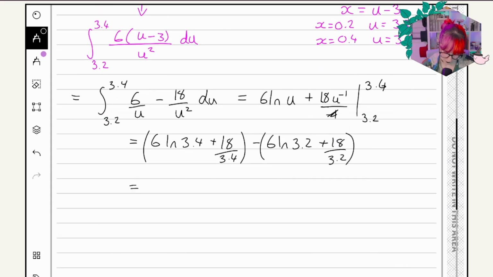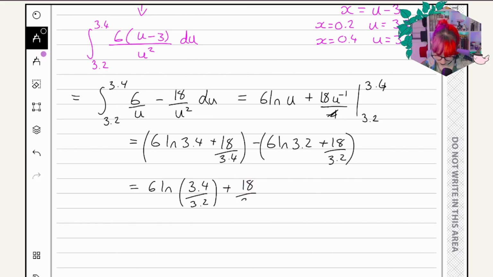Okay, we can do log laws. So subtracting logs is equivalent to dividing them. So we get 6 ln 3.4 over 3.2 plus 18 over 3.4 minus 18 over 3.2.